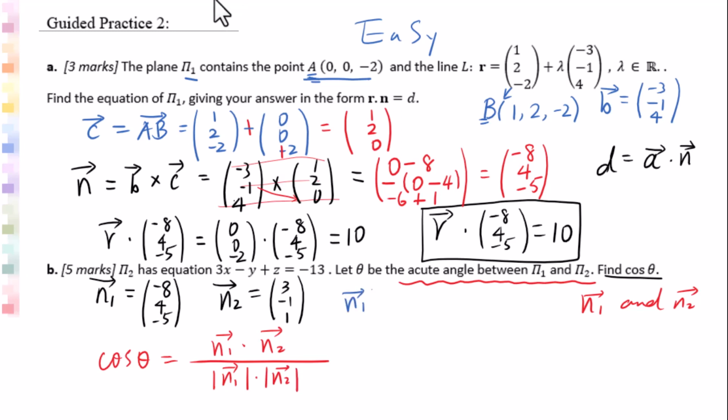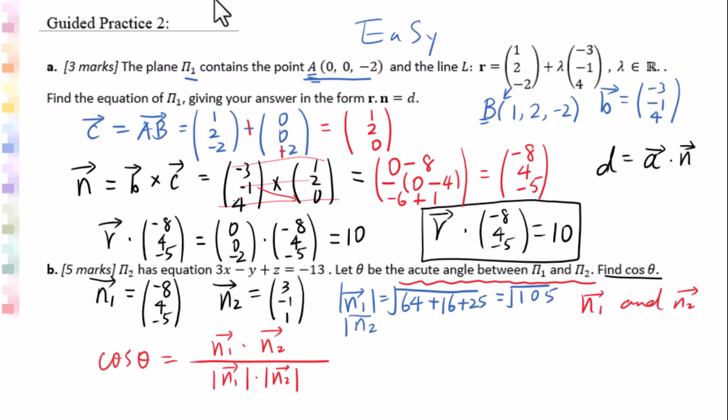Length of n1 equals square root, negative 8 squared is 64, plus 4 squared is 16, plus 5 squared is 25, equals square root 105.